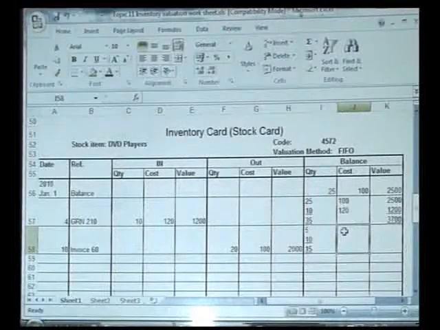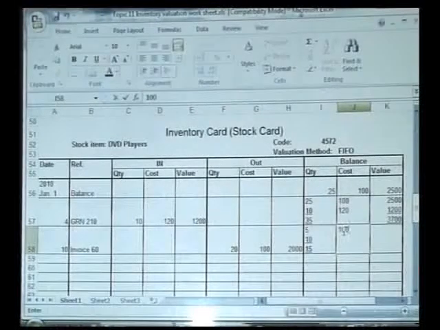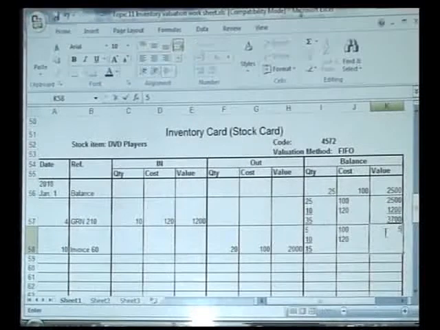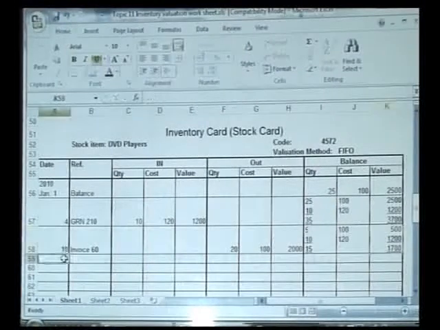So 5 units at the old price of 100, 10 at the new price of 120. Then the corresponding values are 500 and 1200. And the total is 1700. So this is the value of the stock.